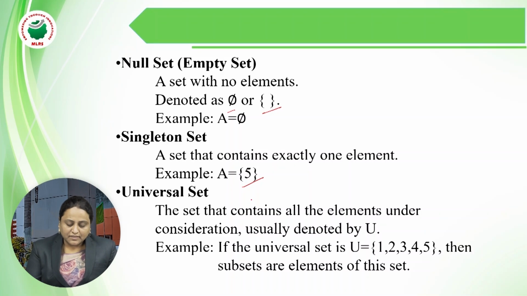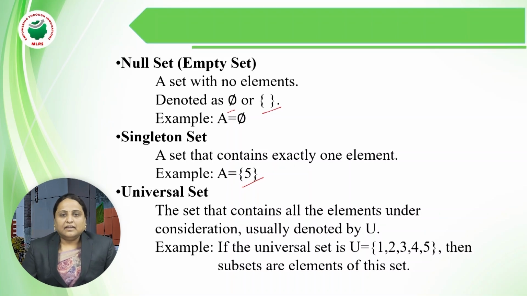The next one is the universal set. A universal set doesn't mean that it has an infinite number of elements. Whatever elements we want to consider at that point of time is known as the universal set. For example, if I want to consider elements 1 to 5 at this point of time, then the universal set represents {1, 2, 3, 4, 5}.